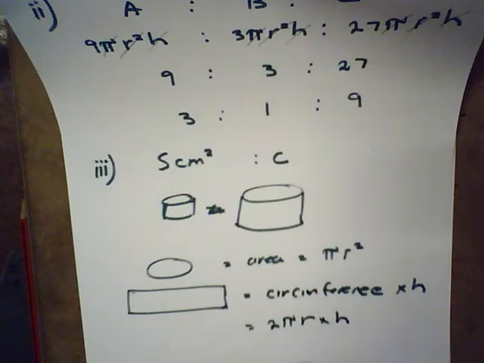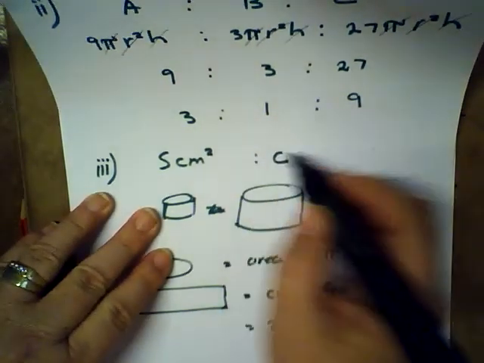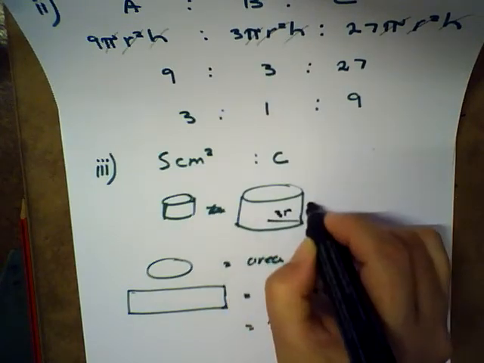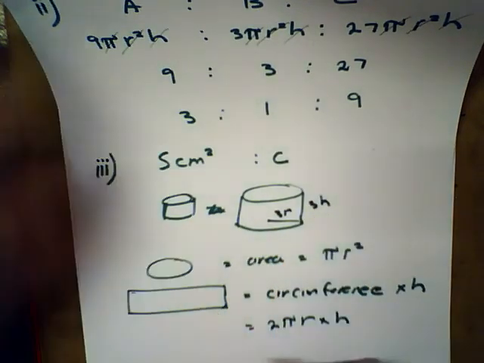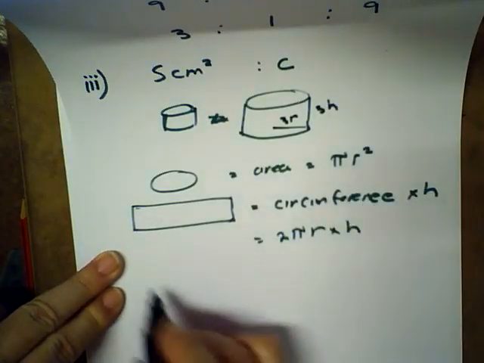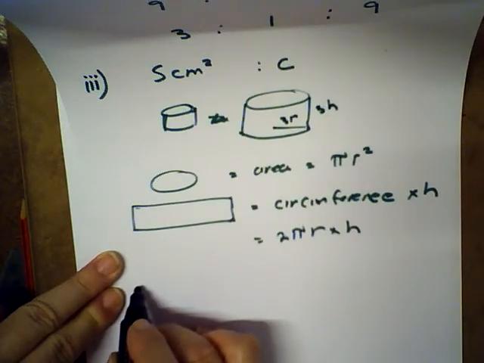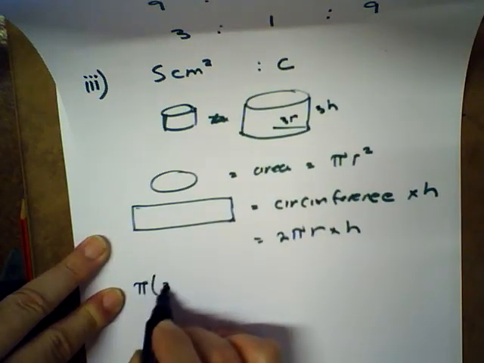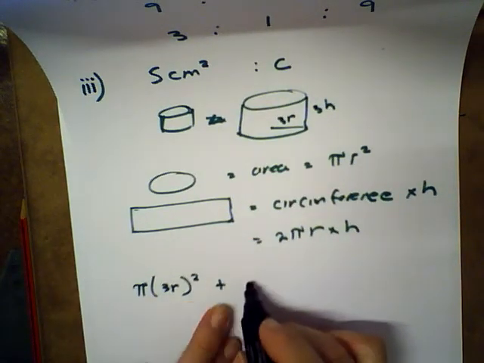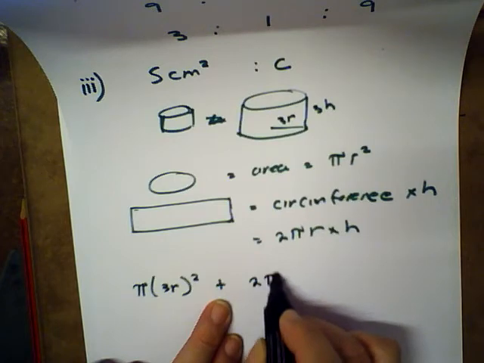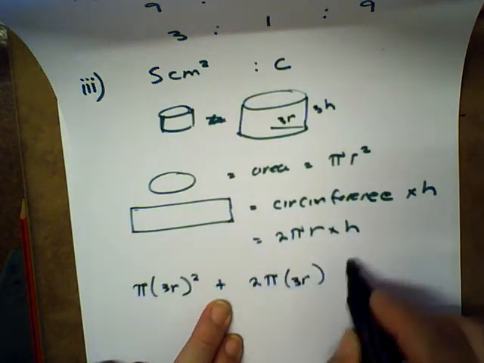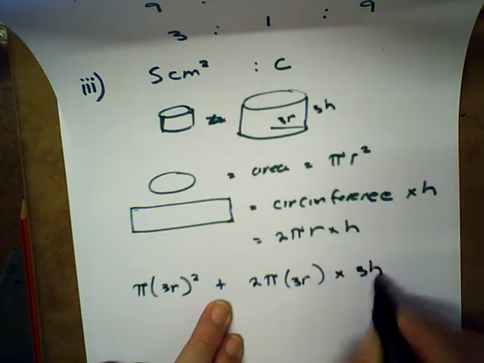We are looking for the one of a similar value, so we're looking at C, and we know C is 3r and 3h. So for the base, it is pi times 3r squared, plus the circumference, 2 pi times 3r, times 3h.